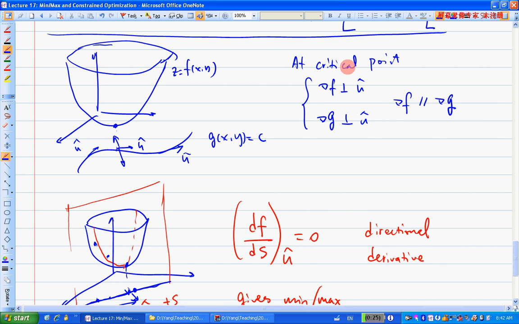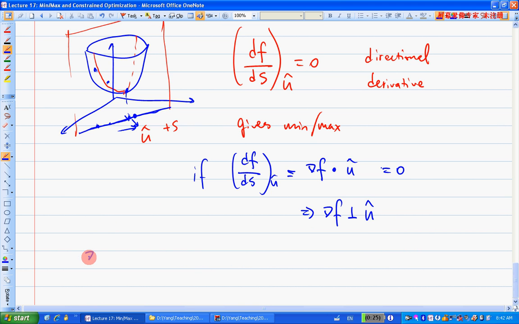Make sense? And what is del f? What is del g? They're basically two vectors. When two vectors are parallel to each other, that means what? So del f parallel to del g means the two vectors must be just the difference of what?